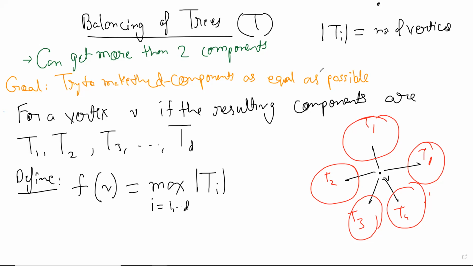So what we are saying is the size of the largest component. FV is just the size of the largest component that is gotten when V is removed from the graph. That is what it is, and I'm just writing that in mathematical terms.